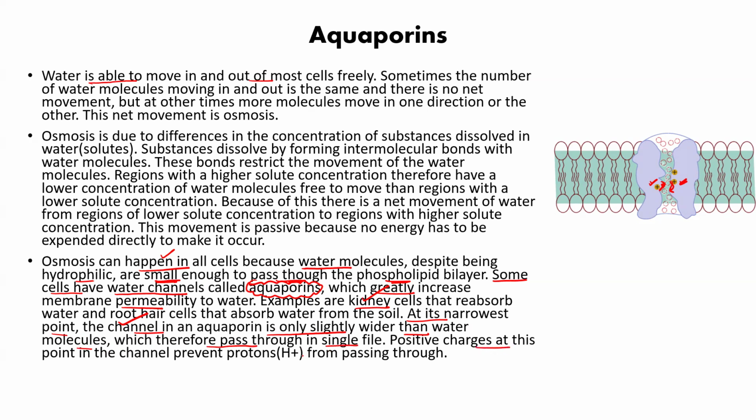And the positive charge prevents protons from passing through, so that only water can pass and protons cannot pass. Though a proton is smaller in size than water, it still cannot pass. These are the channel proteins for water movement only.